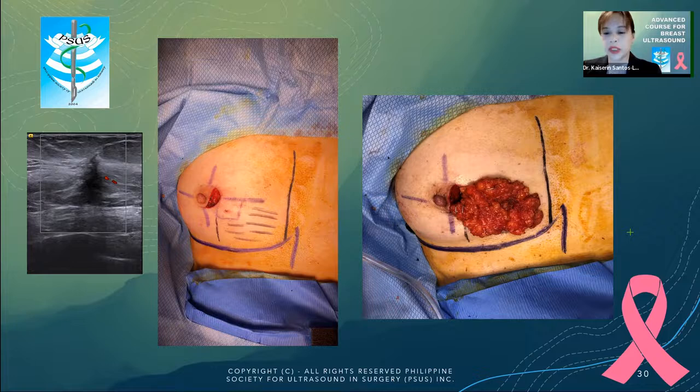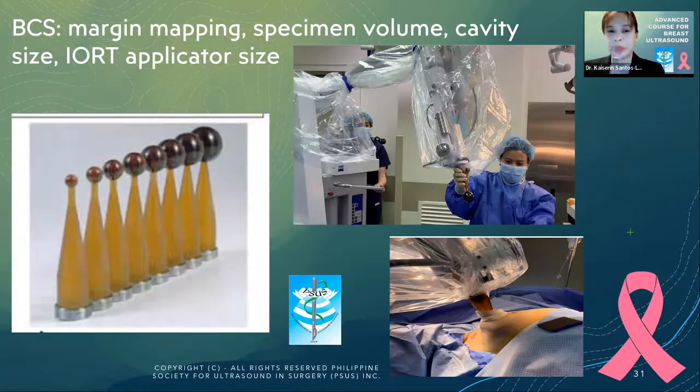We were able to achieve partial mastectomy, and aesthetic was still maintained. And then the patient was also a candidate for intraoperative radiotherapy. Now, the intra-op use of ultrasound also helped the determination of the appropriate applicator size for the intraoperative radiotherapy.